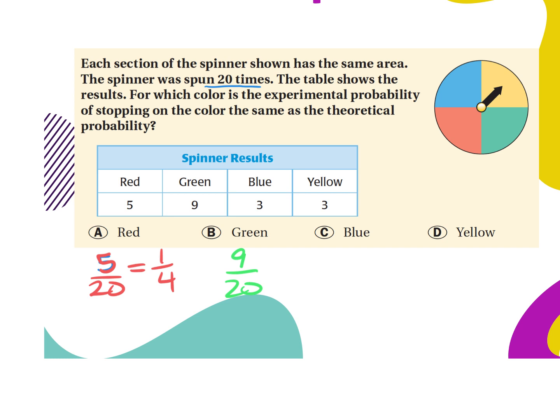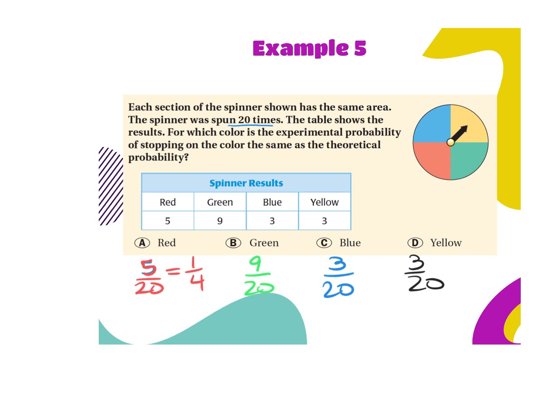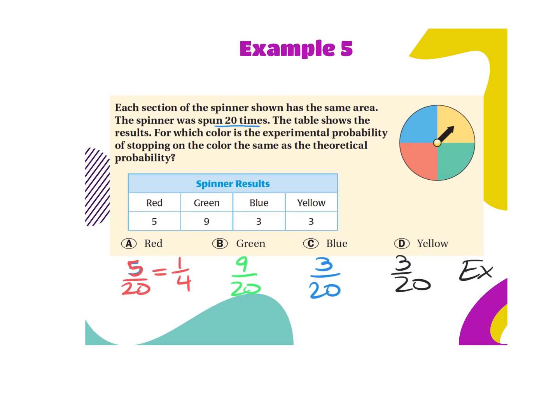And then the blue came up 3 times out of 20. That one can't be simplified. And then lastly, yellow, let me just write it in black so it shows up, 3 over 20. So that's how I would have calculated the experimental probability. But now let's go back and do the theoretical. So this is all the results of experimental.